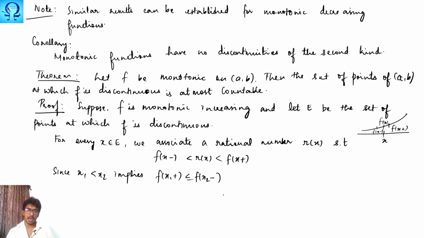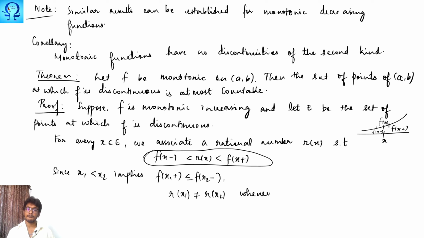Since this is happening, from this what we get is r of x1 is not going to be equal to r of x2 whenever x1 and x2 are different. Only because of this. If you want, you can check it.